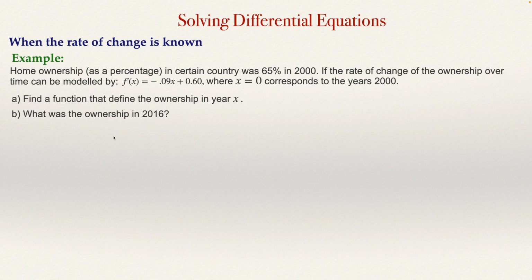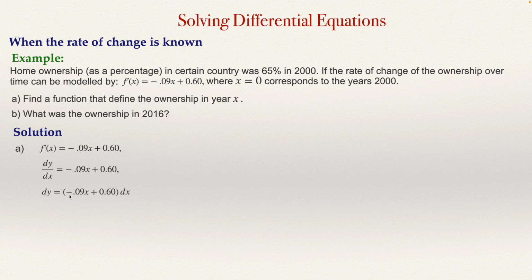Okay, let's solve this. The first thing to get the solution is solving this differential equation. I write the differential equation as dy/dx equals minus 0.9x plus 0.60. I separate the variables, writing that the differential of y will be minus 0.9x plus 0.60 dx. Then we take the integral on both sides.